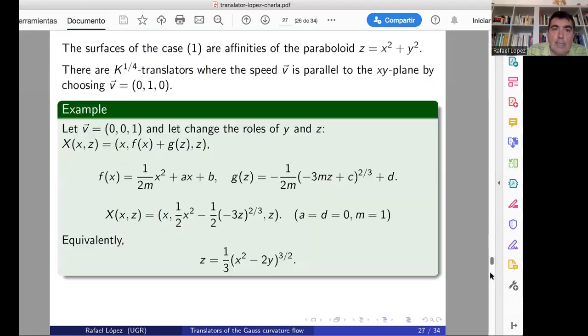I change the coordinates. I prefer to choose v as (0, 0, 1), and here the functions f and g depend on the x and z variables. If you remember, f is control, and this is the equation of g. This is the equation of the surface. In this case, the vector v is not orthogonal to the plane where the surface is a graph.